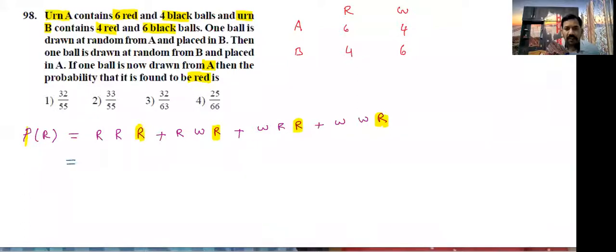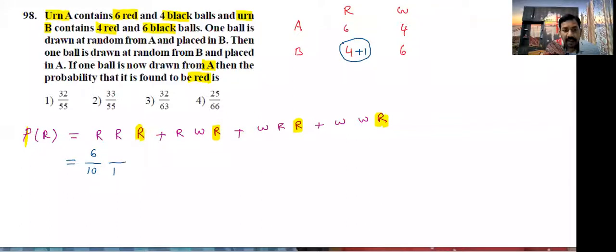Okay. Now students, see here. First draw, I'm going to the first bag. In the first bag, how many balls are there? There are 10. Select one red color, 6. It is placed in bag B. That means in bag B, one ball is going to increase. Which color? Red color. That's why I added a red color ball. After adding the ball, how many balls are there in the second bag?